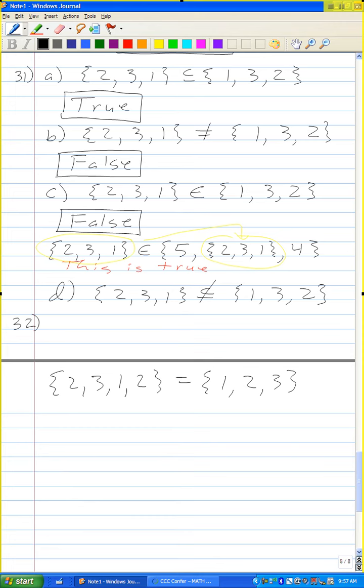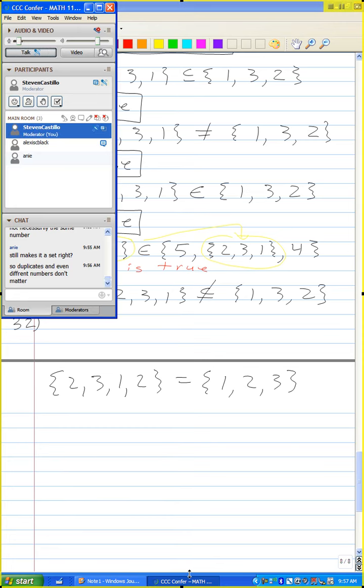Okay, let me do problem 30. That's right, so duplicates don't matter. Let's see that. So the first set is, oh no, ah, that's what you're saying. So it's false.